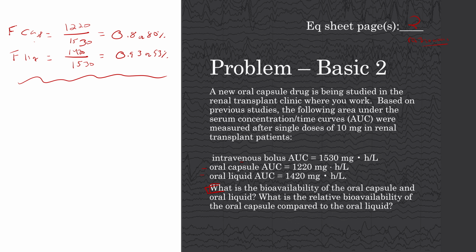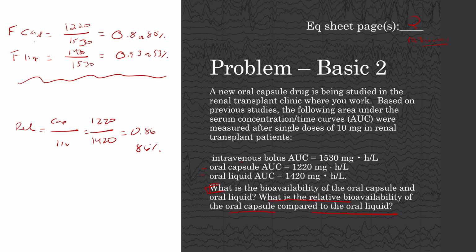Now, if you want to do the relative bioavailability, you're just doing it relative. It's asking you to do the oral capsule compared to the oral liquid. So for the relative portion, we're going to do capsule over liquid. The capsule is 1220 over the liquid is 1420, and that math works out to be approximately 0.86 or 86%.